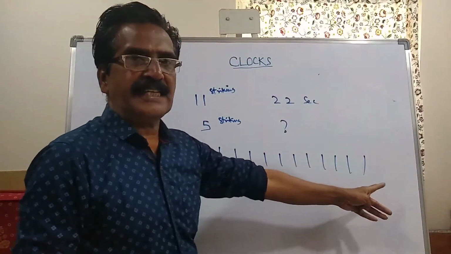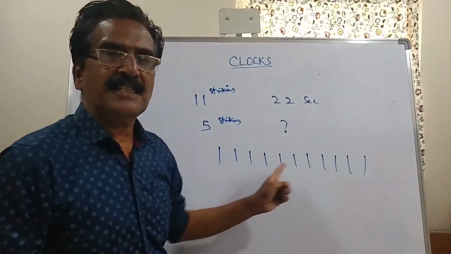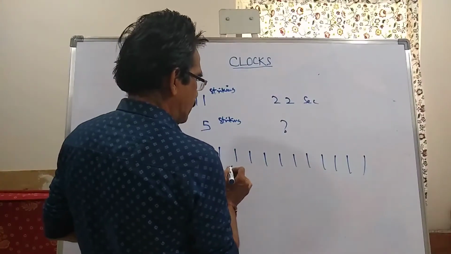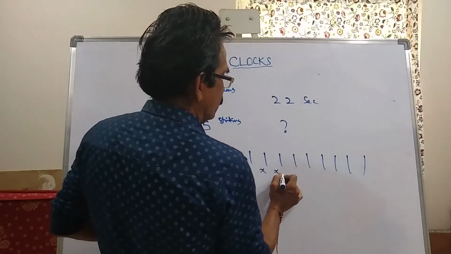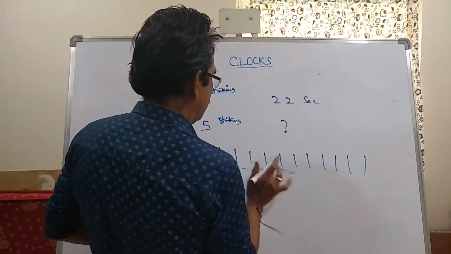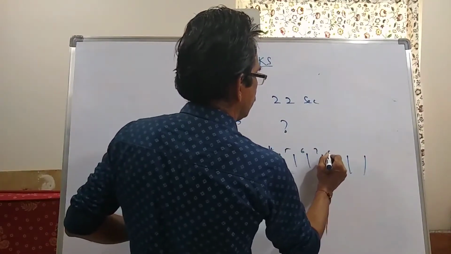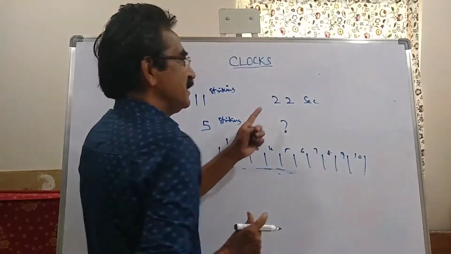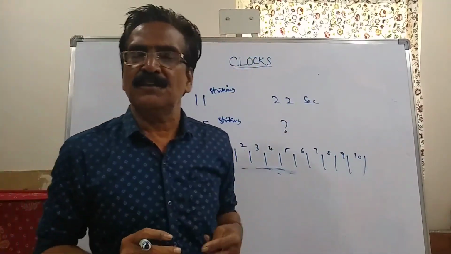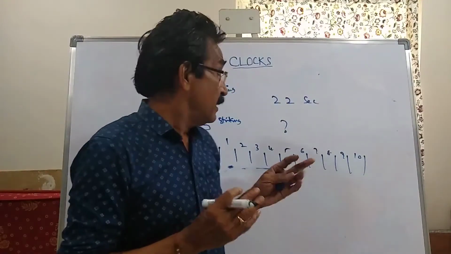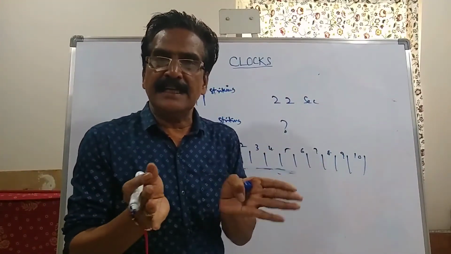See, 11 strikings means how many gaps are there? There are 10 intervals: 1, 2, 3, 4, 5, 6, 7, 8, 9, 10. So this 22 seconds is for 10 gaps.